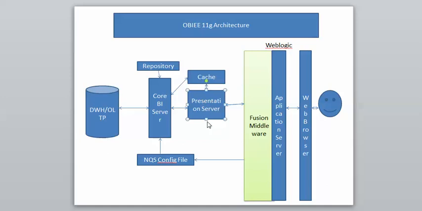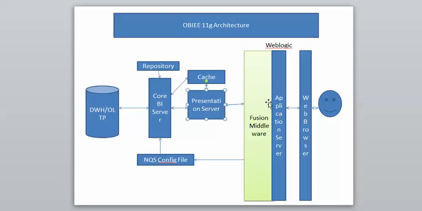Now it's important to remember that the presentation server can also do some operations. It can apply some functions. It's not only presenting the data, but the core operations are actually performed on the BI server and less on the presentation server, and then that data is displayed to the user.